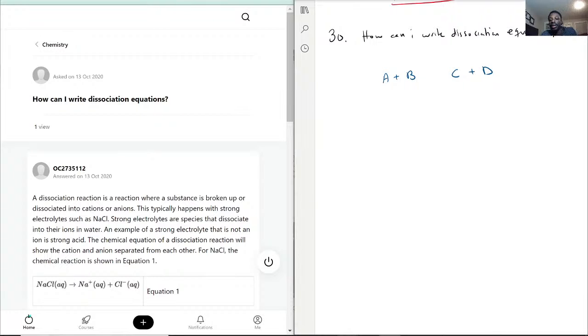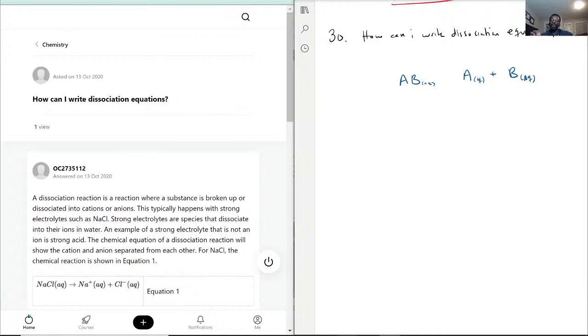The way you write this, that's not a good example. Let's actually say AB goes to A plus B. That's better, because you want it to be one thing dissociating into two.